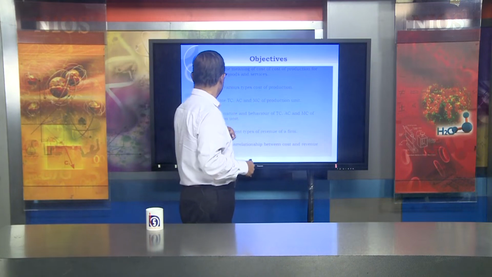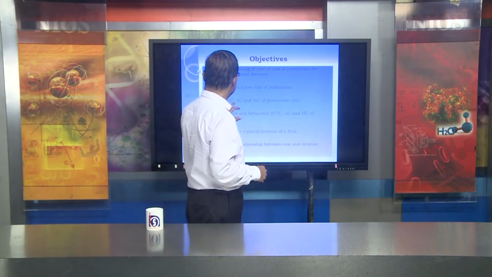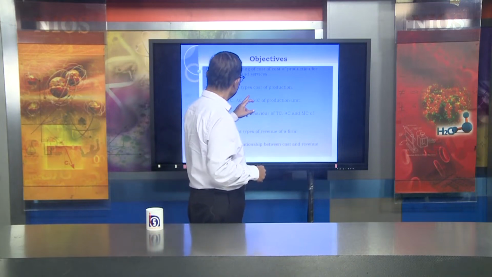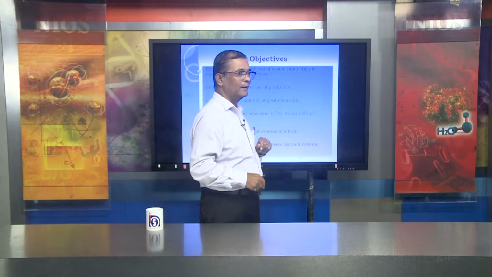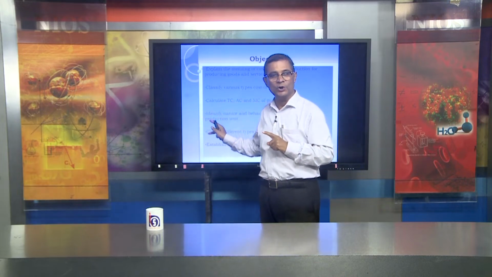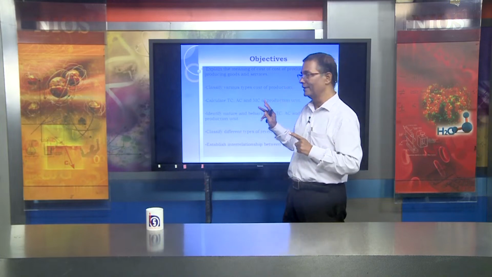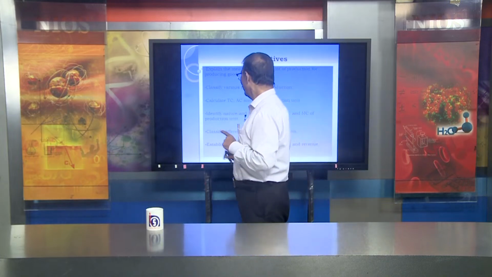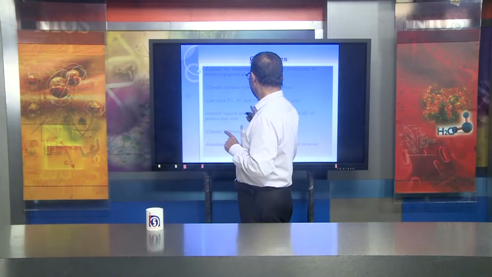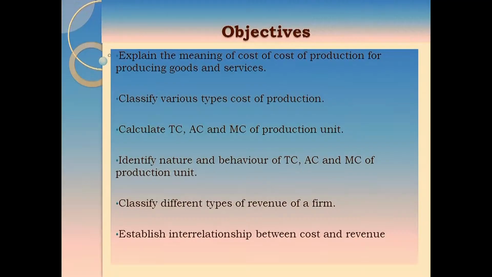Third is calculate TC, MC and AC. TC means total cost, AC means average cost, and MC means marginal cost. Next to this, identify nature and behavior of TC, AC and MC of a production unit.